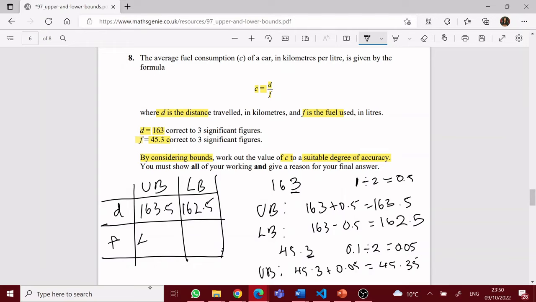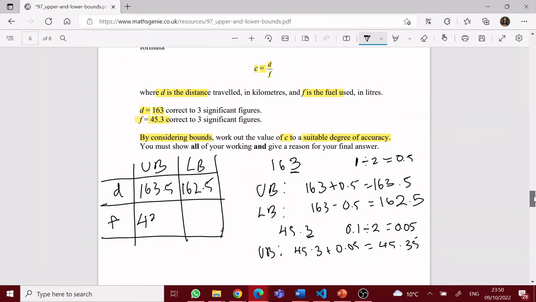That is the upper bound. Let me just scroll down a bit for space. 45.35. And to find the lower bound, you subtract and you get 45.25.